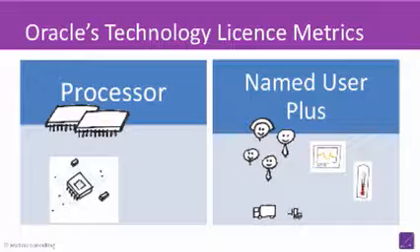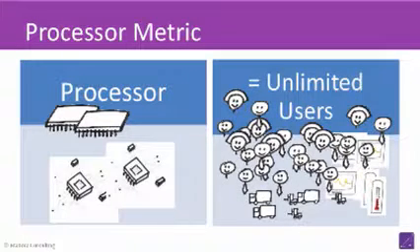So today we're going to go through the processor-based licensing and how to calculate the requirements, although the alternative user-based licensing is still based on the size of the server, so you would need to take that into consideration. But there's lots more detail on named user licensing in the training course. So these are the 2 metrics that are currently available for database and most of the middleware products as well.